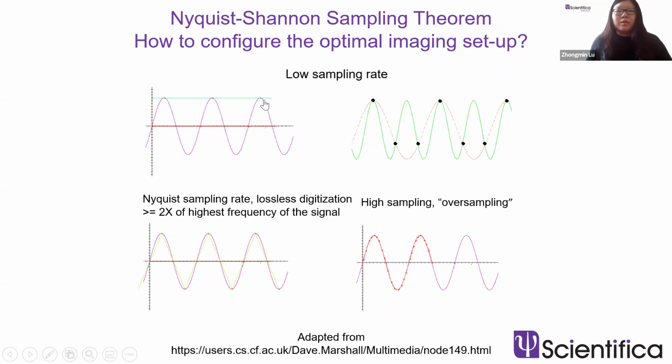That is really easy to understand right here. If you have a sampling rate that is too low, you end up with a straight line instead of this sine wave. So you're really away from the actual truth. What's wrong with high sampling? This is actually oversampling. First of all, the efficiency of data acquisition is very low.